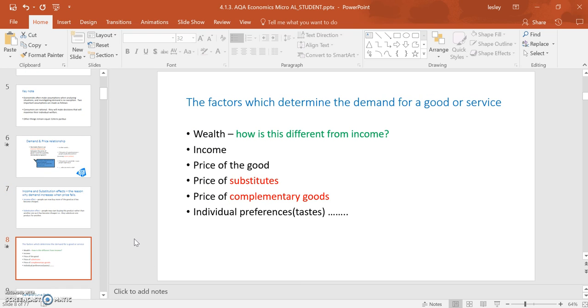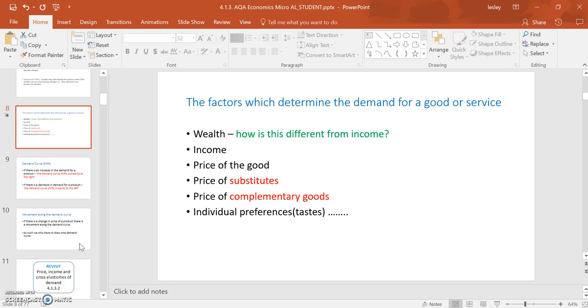One nice little acronym here is WIPI. And WIPI here, W-I, 3 P's and an I, are the factors that determine the demand for a good or service. Not something that often gives students many worries, but it's still quite a nice acronym to remember. So that's WIPI, affecting the determinants essentially of demand.